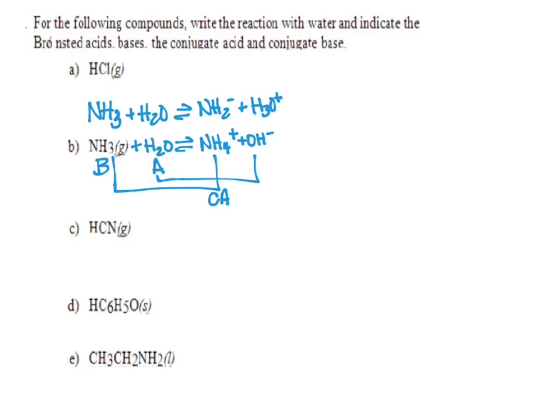He's asking which one do you use? Does it matter which one, like for this one up here? Either one would be the right answer. And OH minus would be our conjugate base.